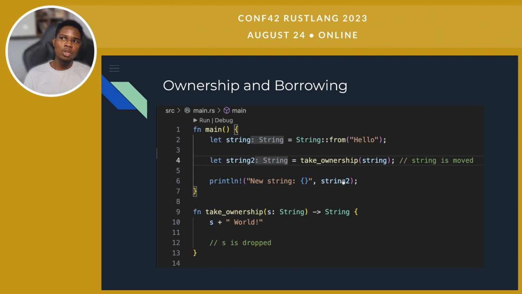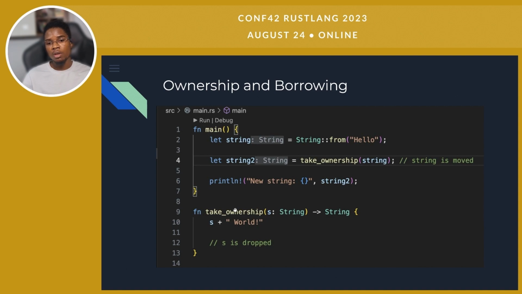But it begs the question, okay, what if we still want to use string after we run take_ownership? So instead of moving string into take_ownership, what we'll do is that the main function will basically tell take_ownership that since you are going to go out of scope, and when you do go out of scope, you are going to drop anything I give you.